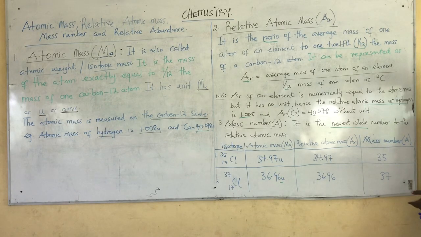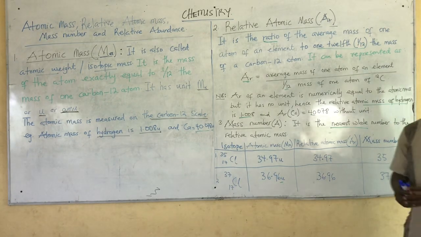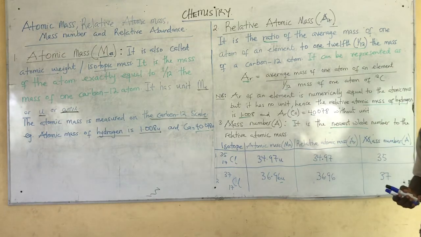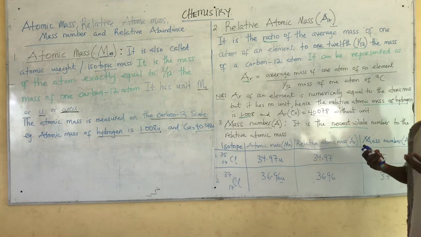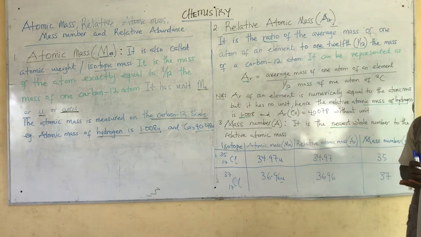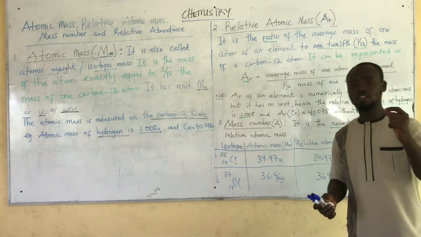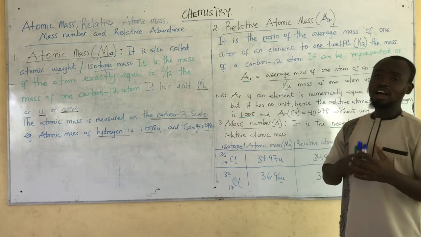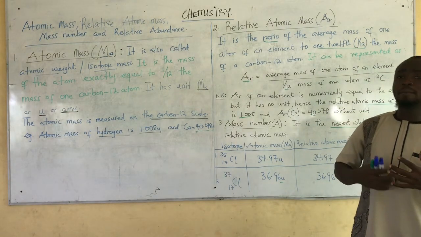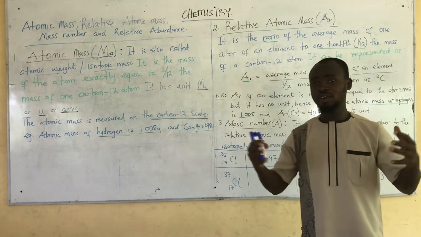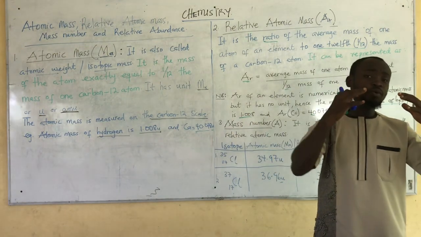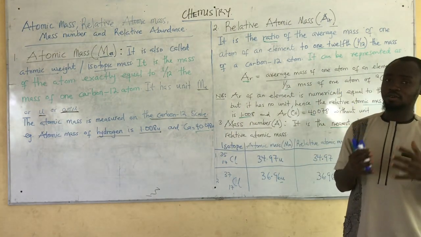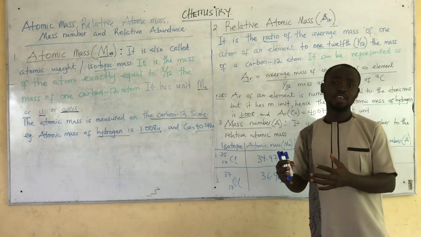Is that okay? So atomic mass, we're just looking at the mass of the atom. Per definition, it is the mass of the atom relative to exactly 1/12 the mass of one atom of carbon-12. To know the masses of the individual atoms of an element, scientists set up a reference scale using carbon-12.